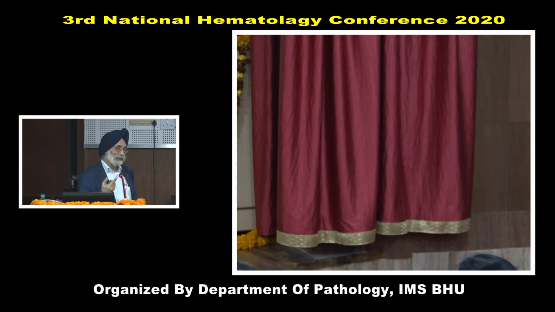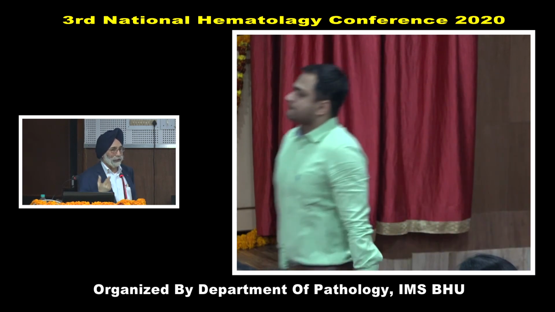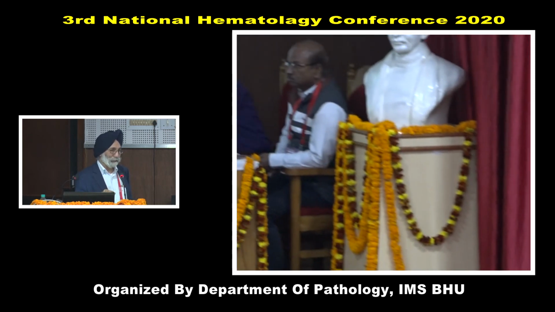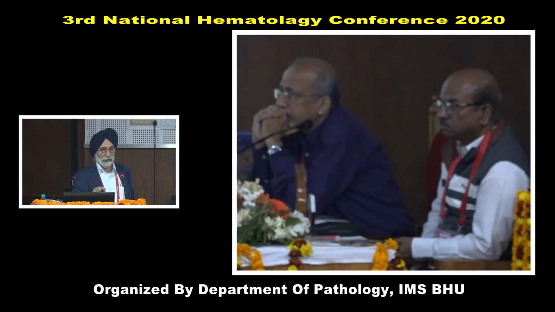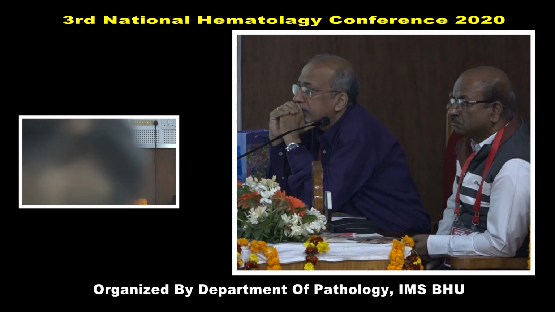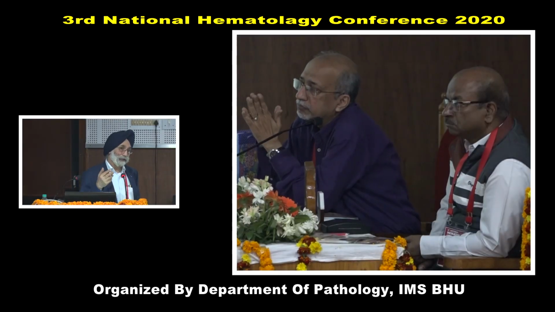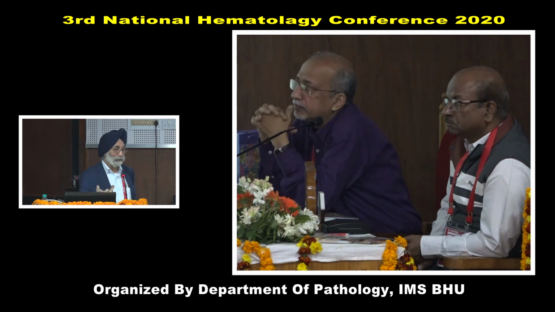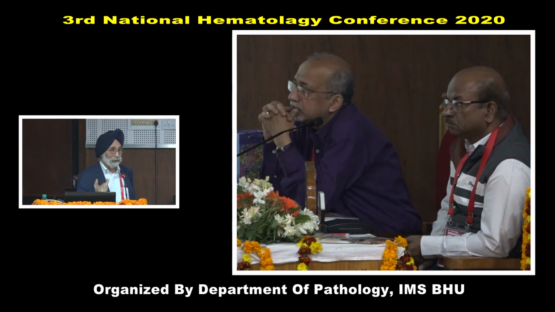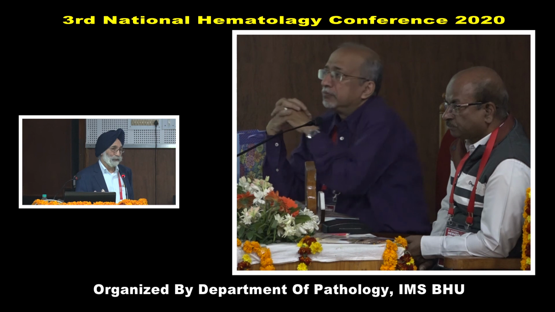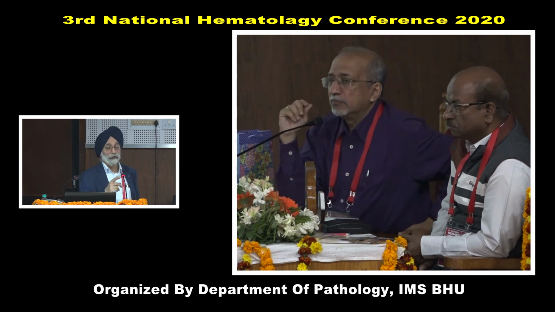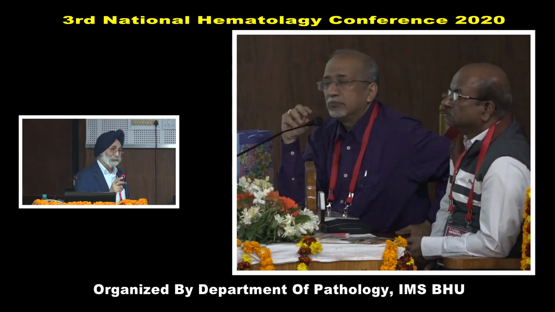So these are the cases in which, while doing aspirate, I think there is no harm in doing the biopsy at the same time, because we don't know what we are going to get, whether it is going to be aplastic anemia, whether it is going to be hypoplastic acute leukemia, is it going to be a multiple myeloma with marrow fibrosis, is it going to be a marrow necrosis or not. So it is always useful, those who are not doing, they better do it.